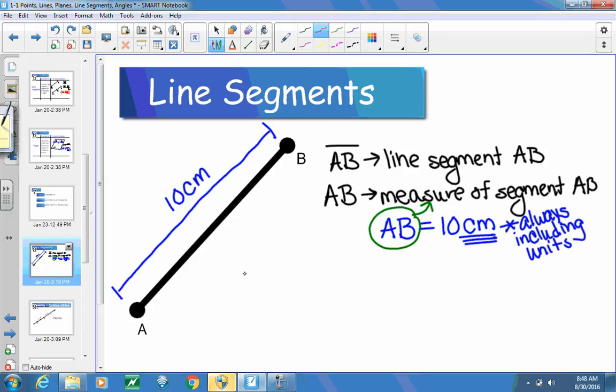All right, then in getting into line segments, we need to cover 2 other terms, and that is the word congruence and congruent segments.